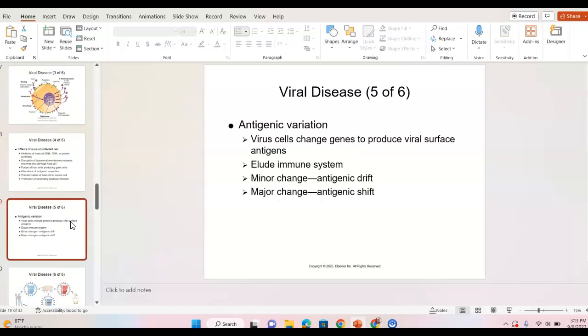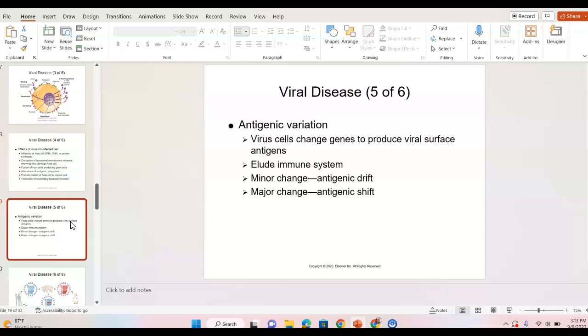Antigenic variation. This is an interesting thing to talk about, especially after the pandemic. We can have virus cells whose genetics change in a minor or a major way. A minor way is called an antigenic drift. This is something that we see annually with a moderate change of the influenza virus. Major changes in viruses can also happen, which is called, I think I said shift, I meant antigenic drift for a minor change.